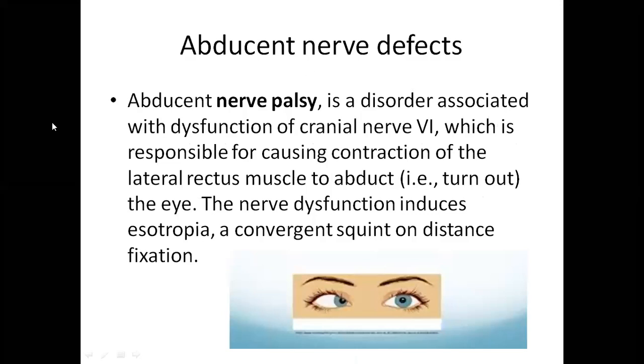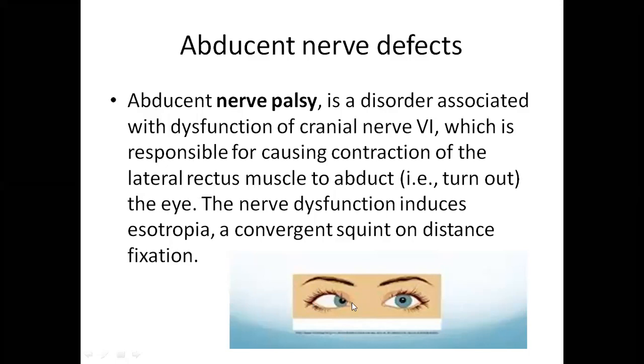Abducent nerve defects. Abducent nerve palsy is a disorder associated with dysfunction of cranial nerve 6, which is responsible for the contraction of the lateral rectus muscle. All the other muscles supplied by the oculomotor nerve cause their own functions, but the major function is to medially rotate the eye. The lateral rectus is the only muscle supplied by the abducent nerve, which laterally rotates the eye.